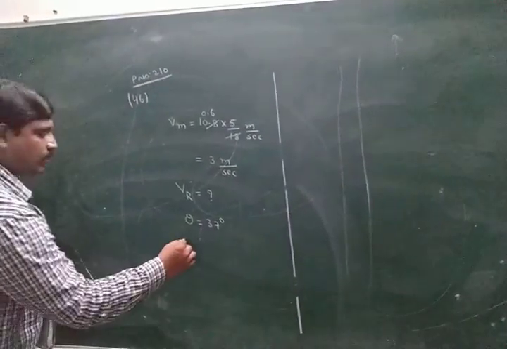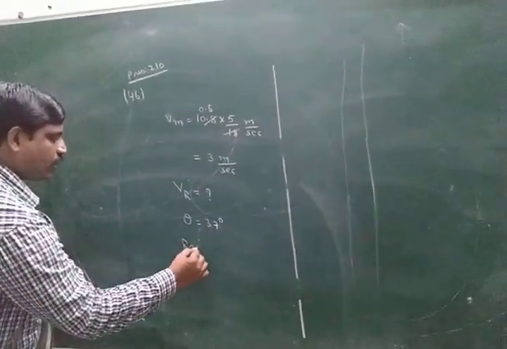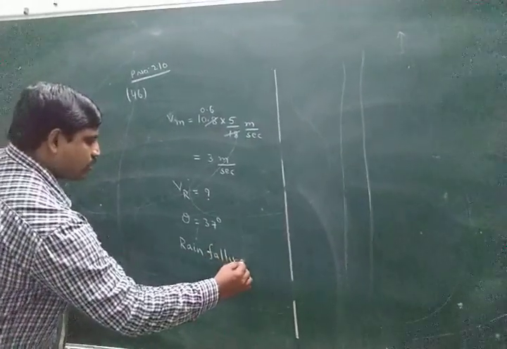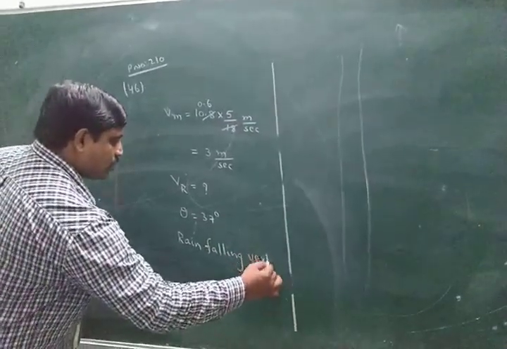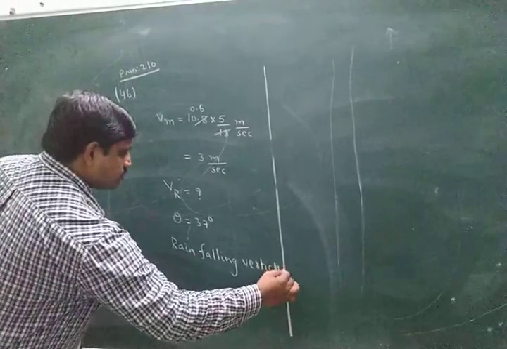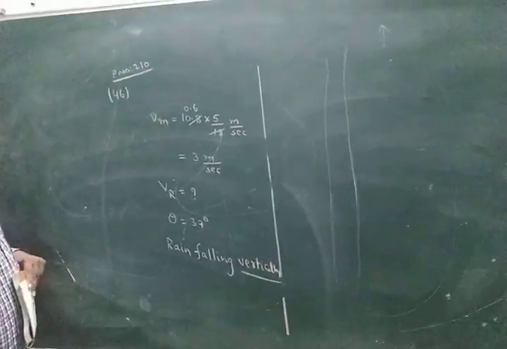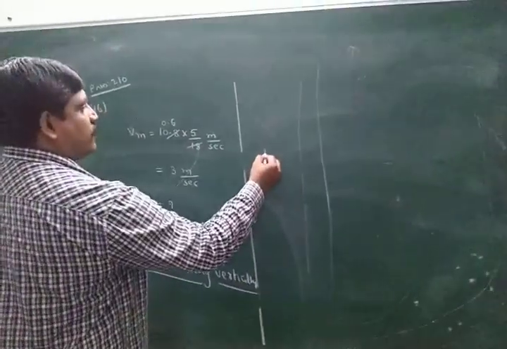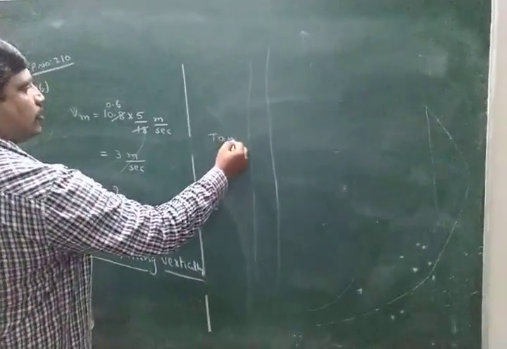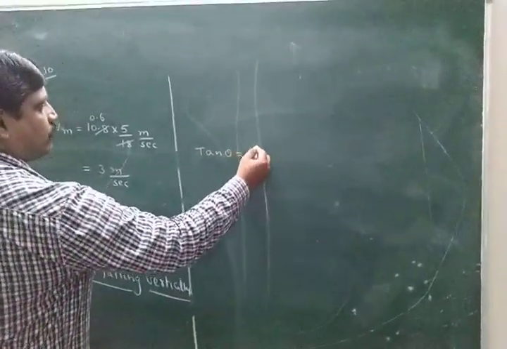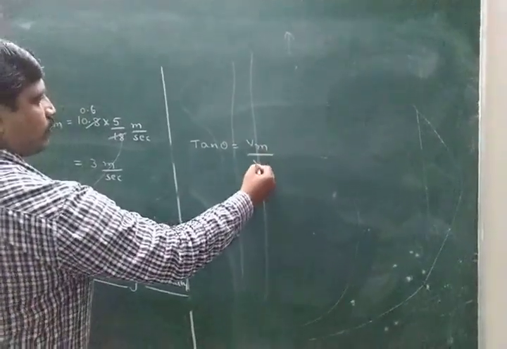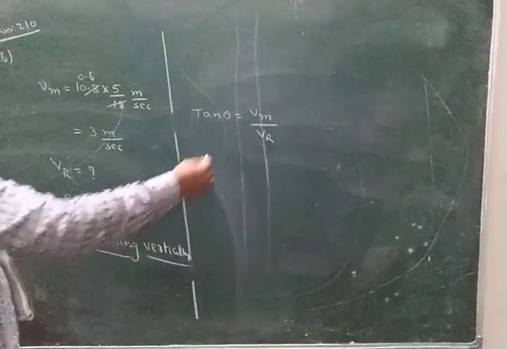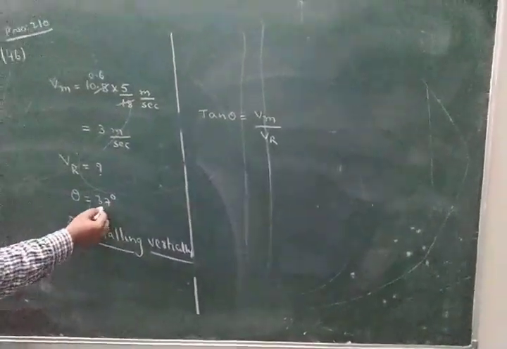The keyword in the problem is rain falling vertically downwards. Yesterday I discussed rain falling vertically downwards. What is the formula for rain falling vertically downwards? Tan theta equals Vm by Vr. In this situation, the theta value is given as 37.